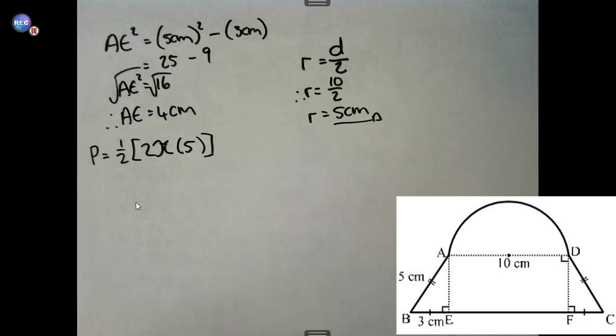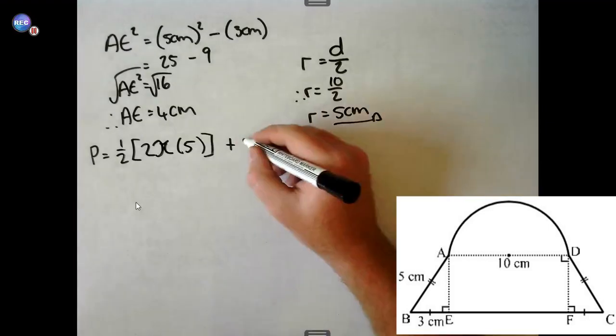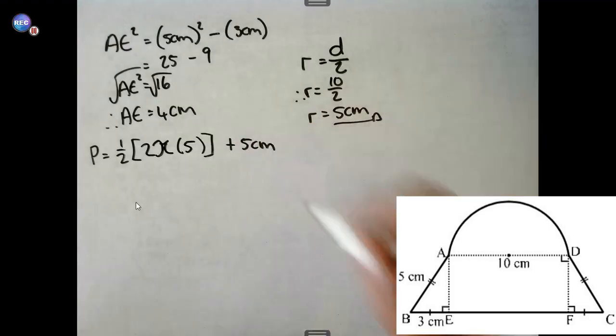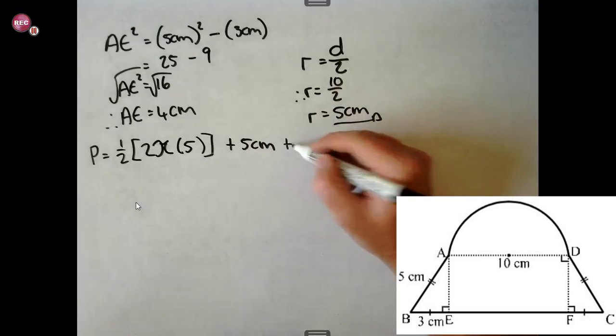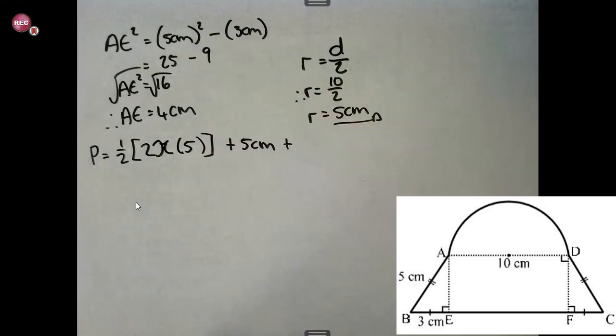Then we add the following together. So we then add the side of the triangle, which is 5. So side that I'm talking about is side DC. Another thing that you need to keep in mind is that even though EF is 10 centimeters at the bottom, you need to include side BE and side FC.